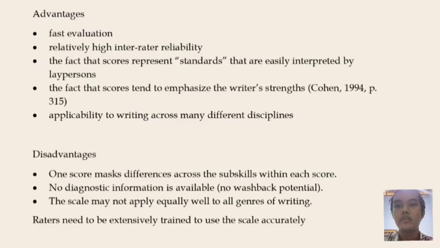The advantages of this method are fast evaluation, relatively high inter-rater reliability, the fact that scores represent standards that are easily interpreted by laypersons, and the fact that scores tend to emphasize the writer's strengths and are applicable to writing across many different disciplines.